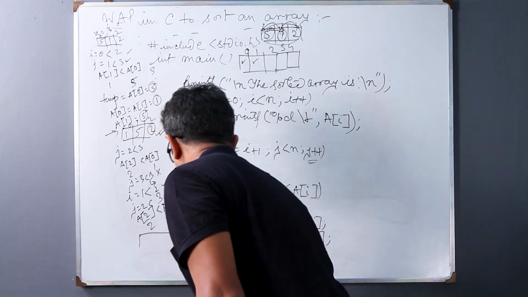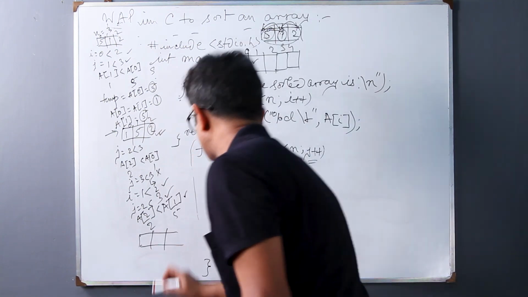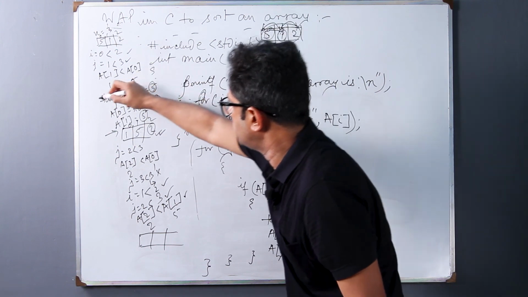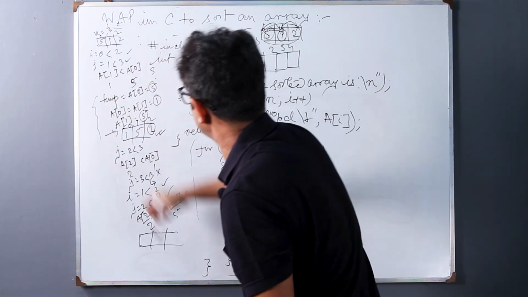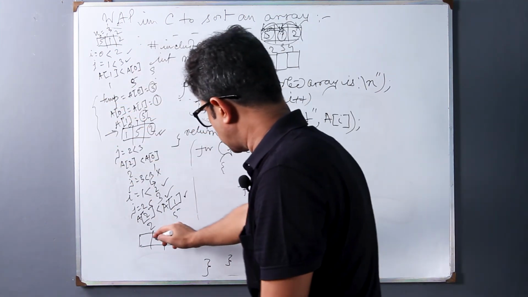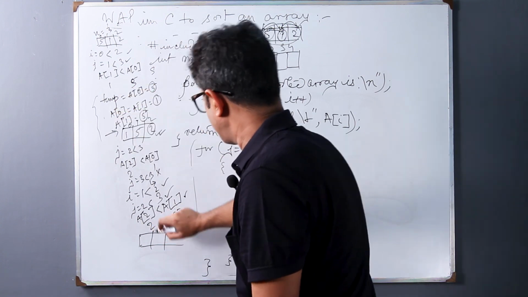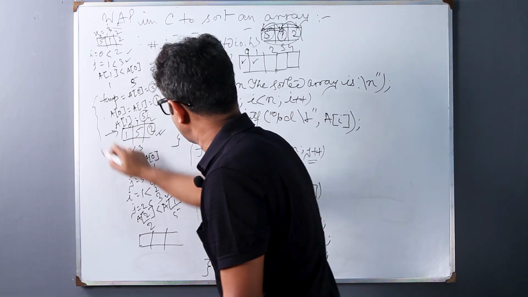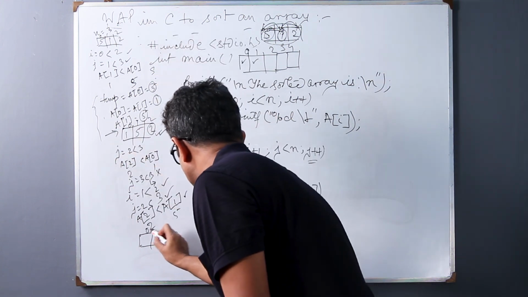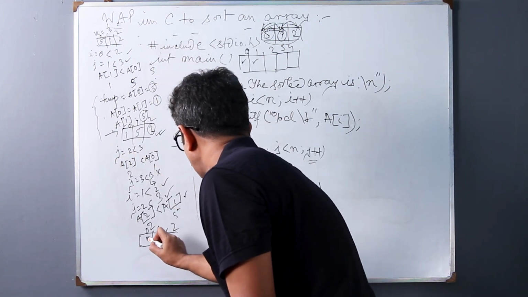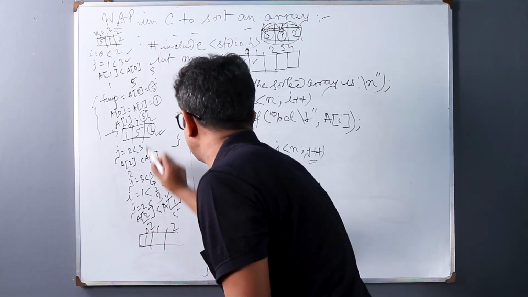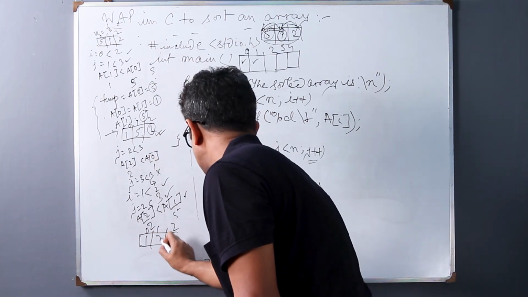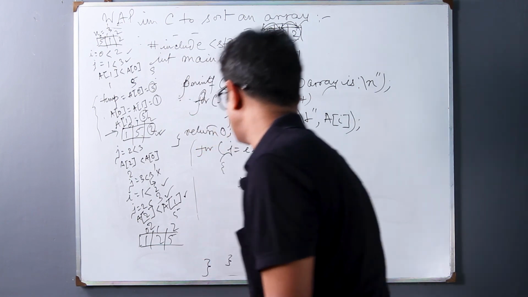How the swapping takes place I have shown you over here. You can refer to this three variable swap technique and try to understand this swapping from this dry run portion. So now 1 remains where it was and this 5 and 2 get swapped, 2 comes over here, 5 goes here.